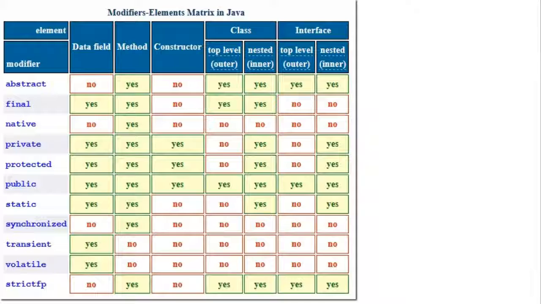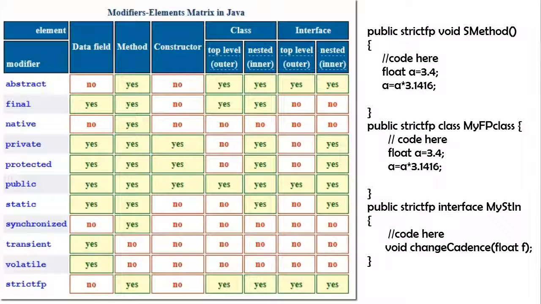However, if this level of precision is not necessary, the virtual machine doesn't use intermediate precision by default. From the table, you can see that your method, class, and interface can be declared as strictfp.